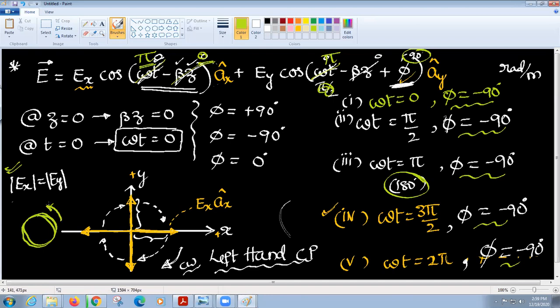Okay, direction is like this, anti-clockwise. All right, now you must take your right hand. This is right hand circular polarization. So for phi equal to negative 90 degrees, you get right hand circular polarization. For phi equal to positive 90 degrees, you get left hand circular polarization. Okay, so that is pretty straightforward.